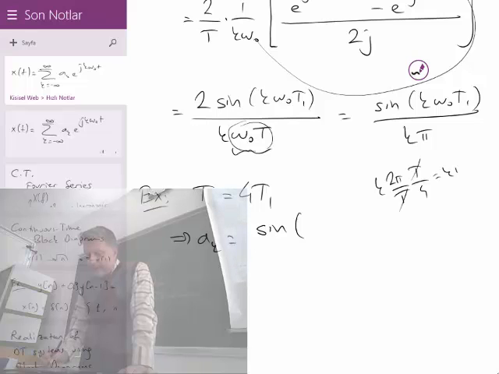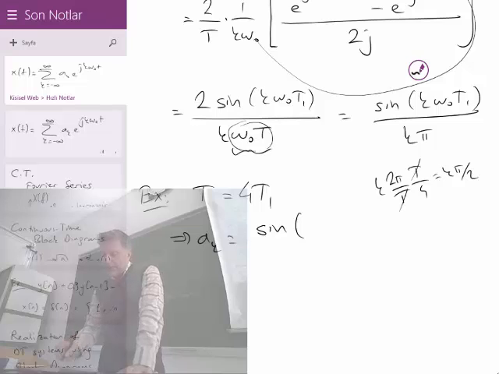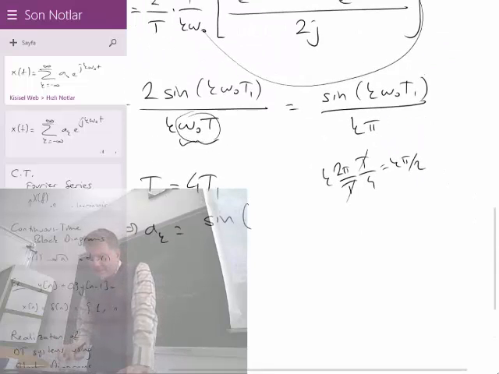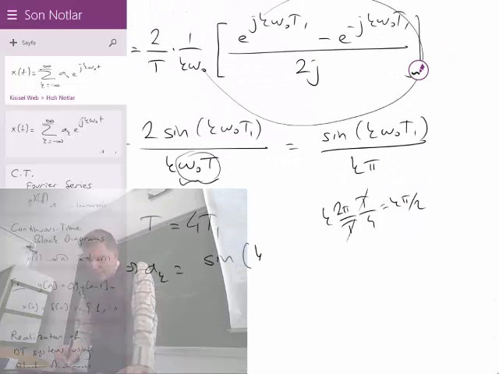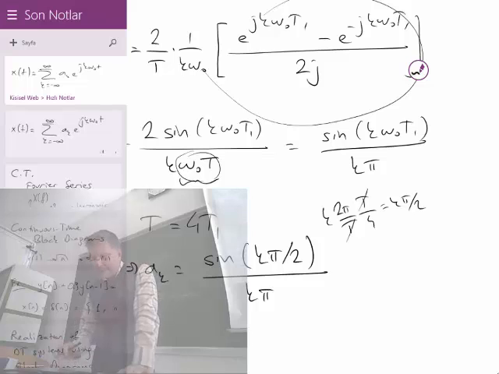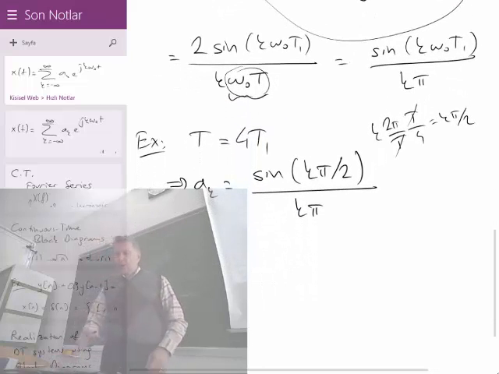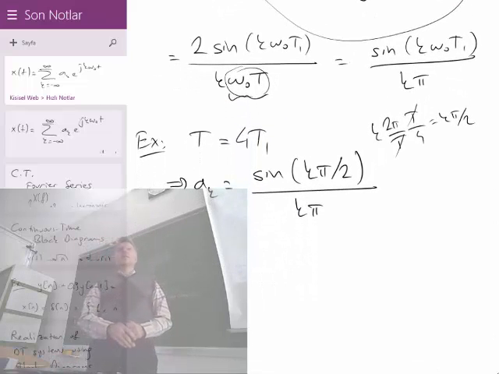We have k pi over 2. That's what I'm going to write here. Excuse me. sine k pi over 2, divided by k pi. These are the Fourier series coefficients of a half duty cycle digital rectangular pulse, which is the thing that I was mentioning last hour. That is a very common thing that we find in power systems, basically.